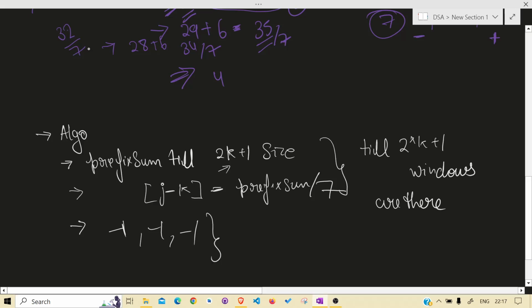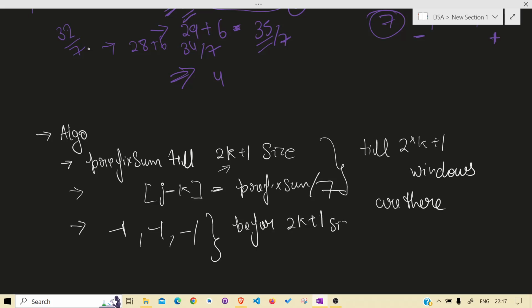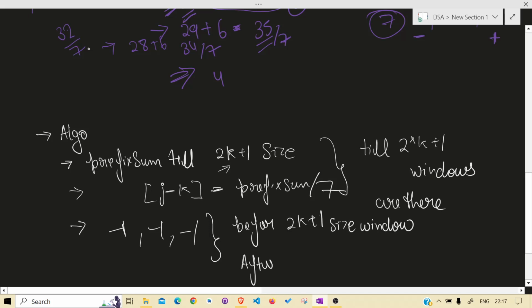This will happen before the 2k plus 1 size window and after the 2k plus 1 size window.